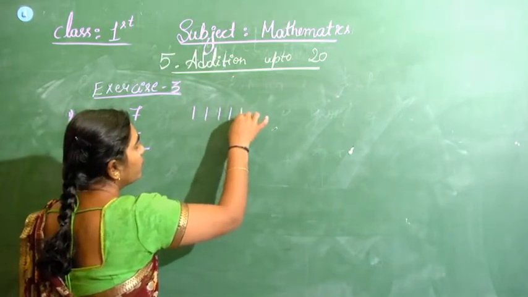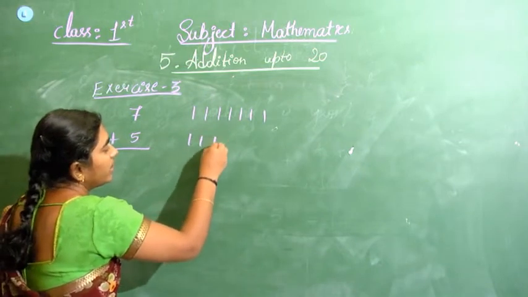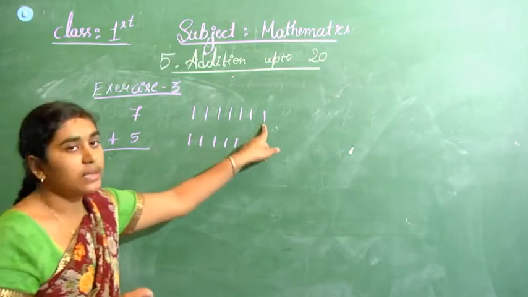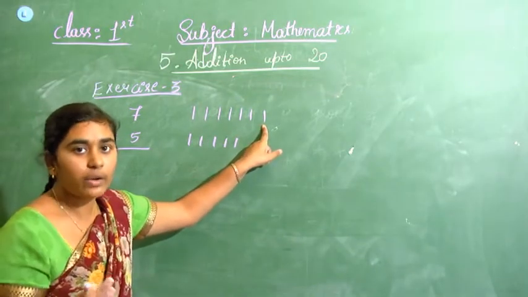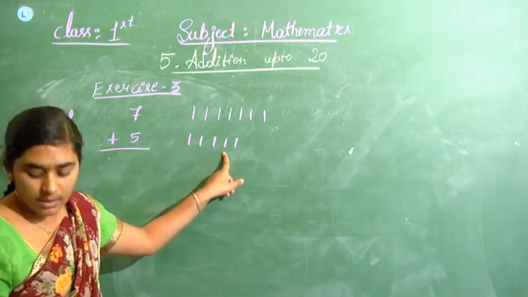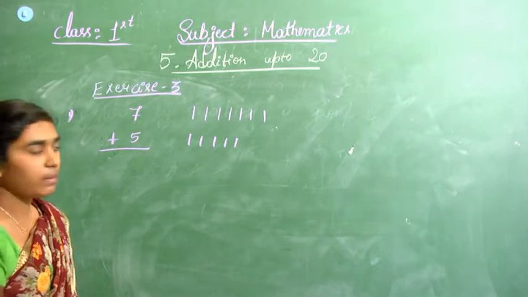1, 2, 3, 4, 5, 6, 7. Second number is 1, 2, 3, 4, 5. 7 number, 7 lines. If you want you can even draw the circles. 5 number, 5 lines. Now make a bundle of which one? Bundle of 10.